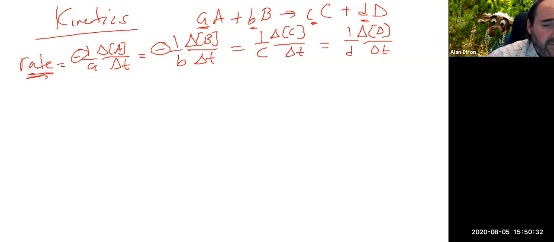This is usually helpful because you can figure out how everybody in the reaction is changing from really just one piece of information. If you know how a reactant is changing, you know how a product is changing, and if you know the overall rate, you're able to determine how everybody else is changing.